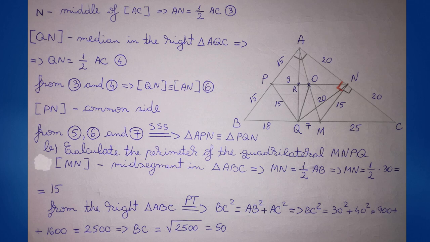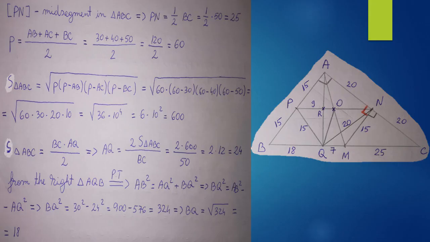So BC squared is equal to 30 squared plus 40 squared, which is equal to 900 plus 1600, which is equal to 2500. So BC is equal to the square root of 2500, which is equal to 50.